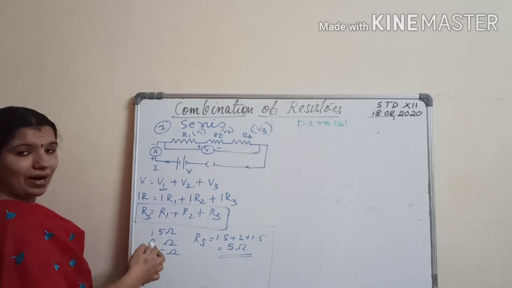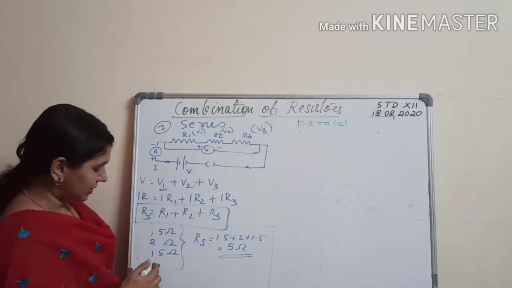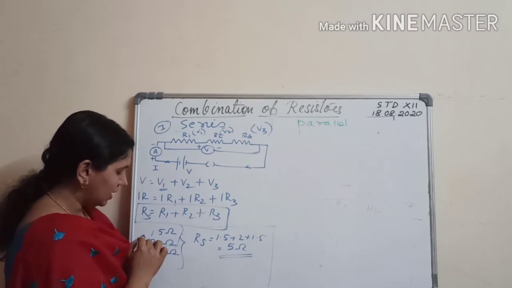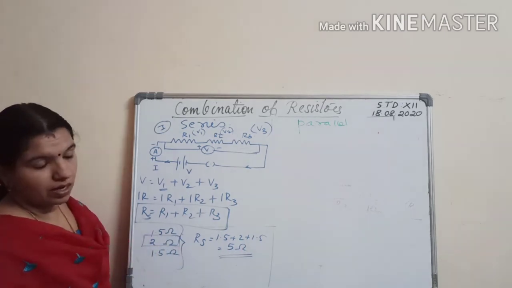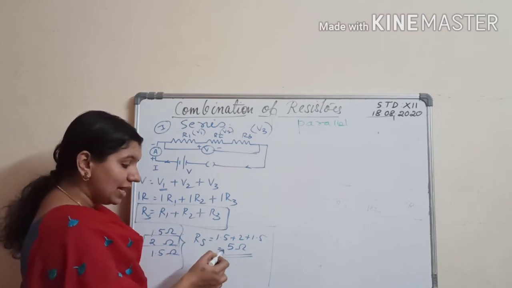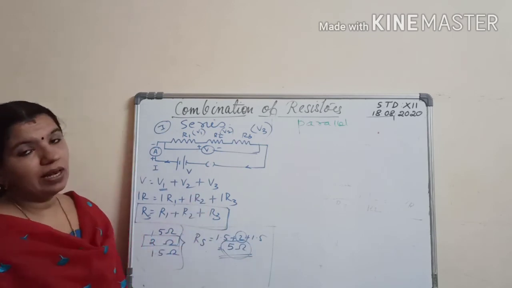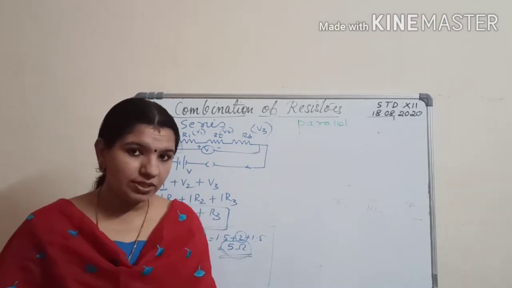Clear? So here what I want to say is, in these 3 values of resistance, this 2 ohm is the largest resistance. But the effective resistance is always greater than the greatest of the individual resistances. So that is also a point.